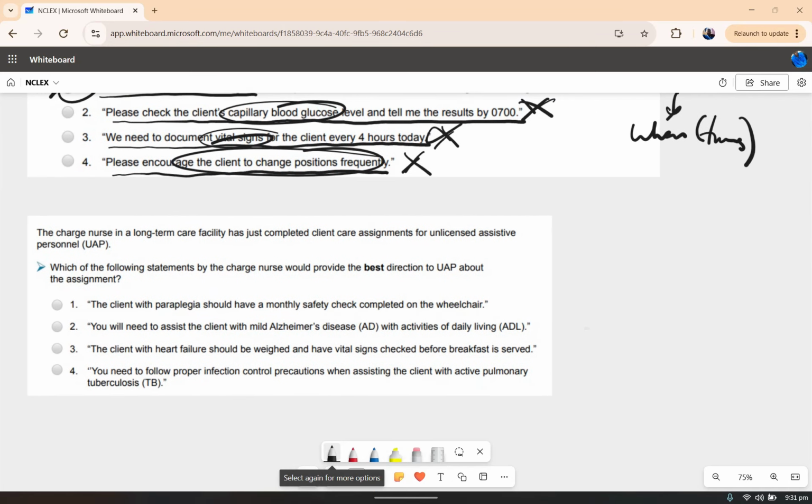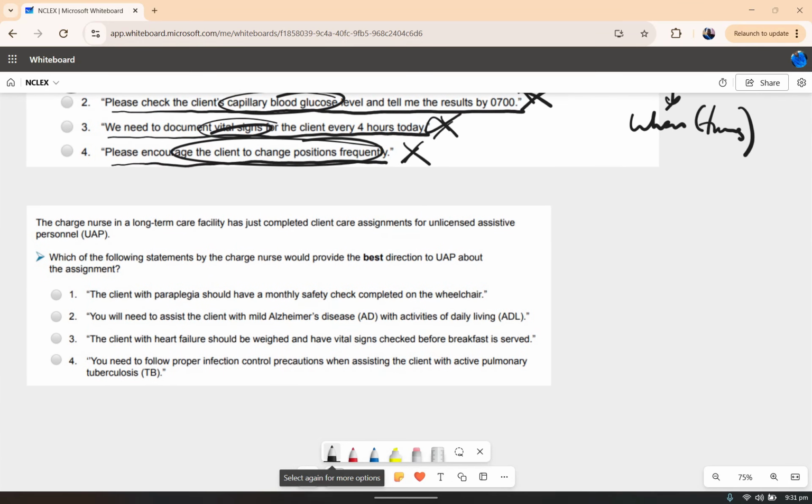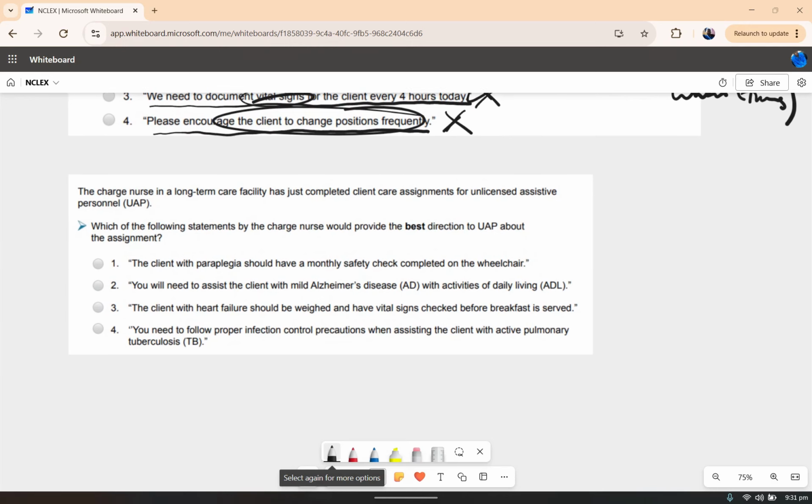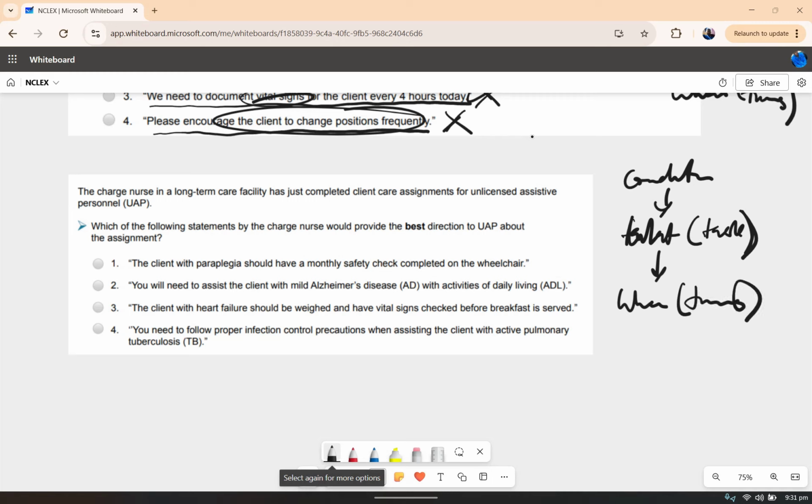Now, next one right here. Let me rewrite the condition, the what, which is the task, the when, which is the timing. All right.